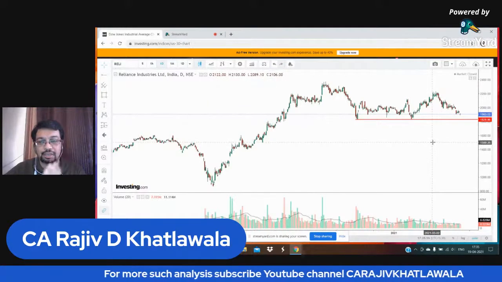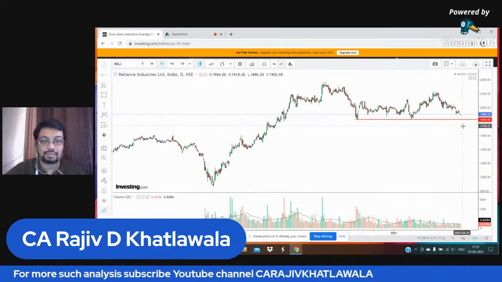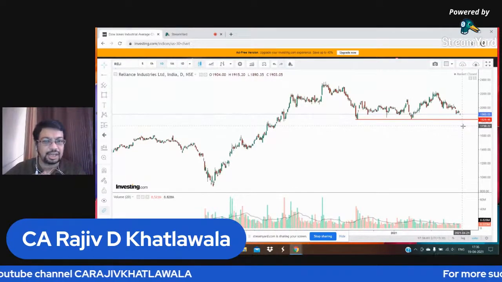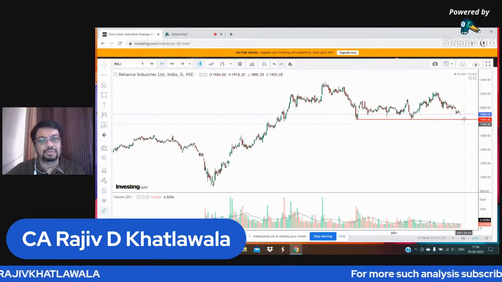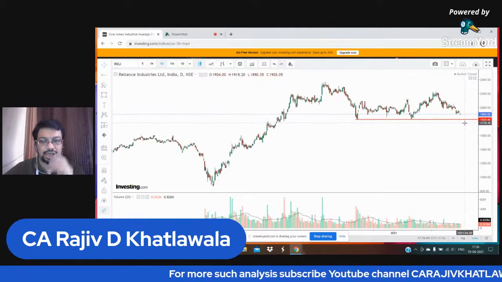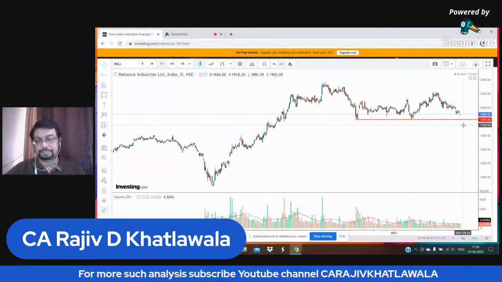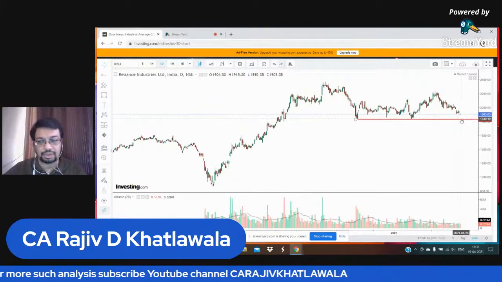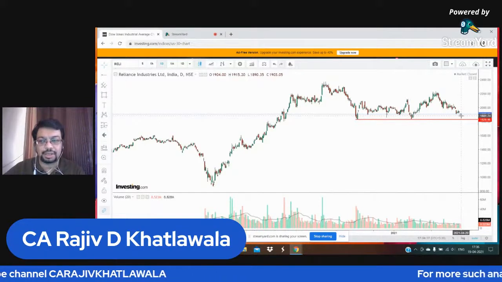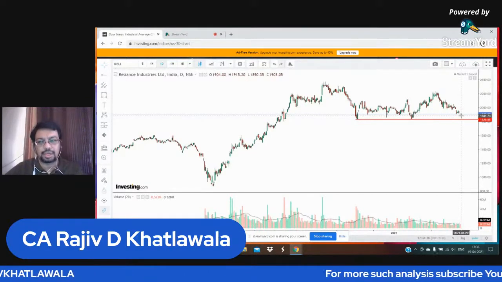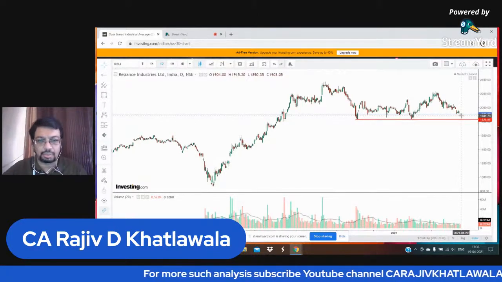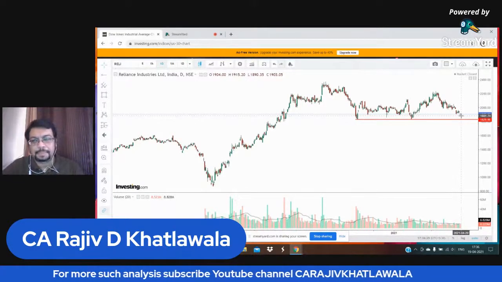So in the next few days, the Reliance stock must take support at 1850, 1830 levels. If it does not take the support, only then the trend will change and it can go further down. Right now, we are at around 1903 today, after a down gap open in the morning, as the markets fell more than 300 points on Nifty.